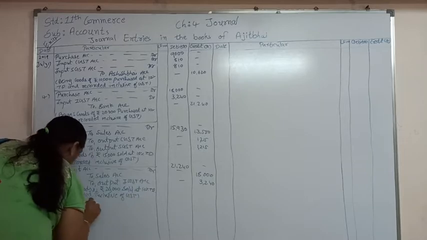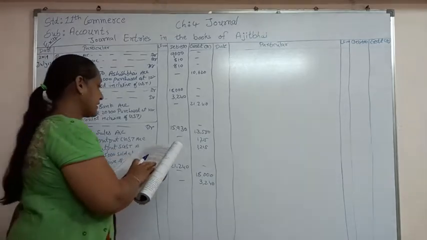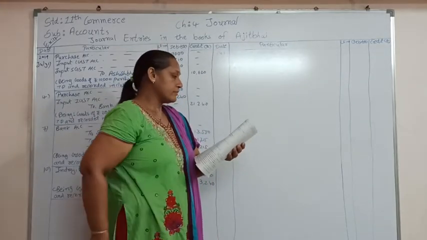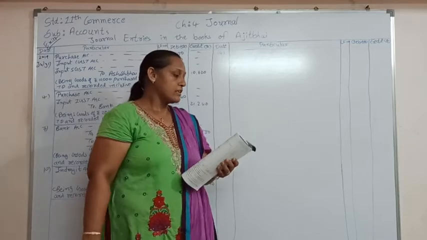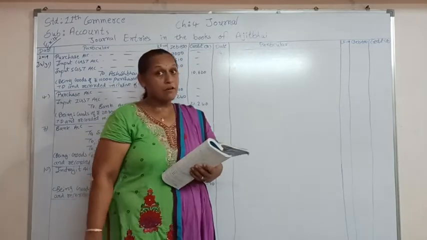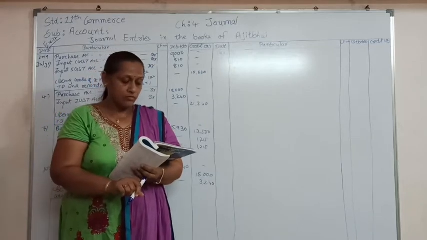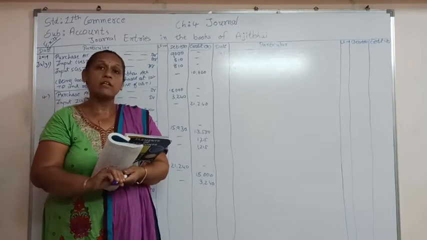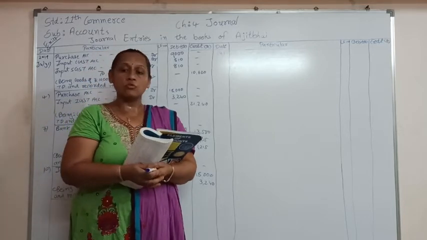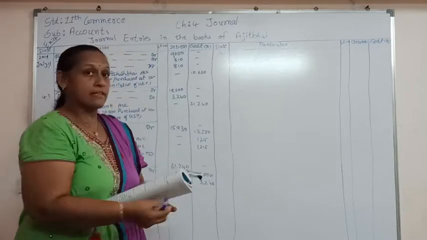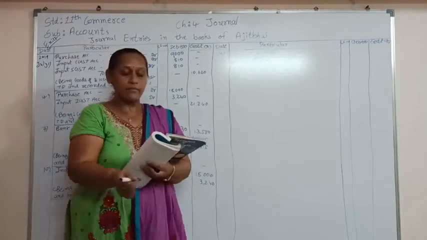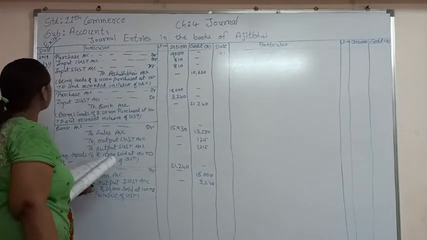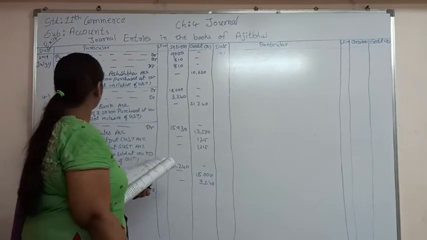Now let's see, the next transaction is on the 14th. Goods of rupees 2,000 returned to Ashishbhai of Anand. We had purchased goods from Ashishbhai of Anand, and from that we have returned goods of rupees 2,000, and for that we are going to pass the journal entry: Ashishbhai account debit, to purchase return, to input CGST, to input SGST.